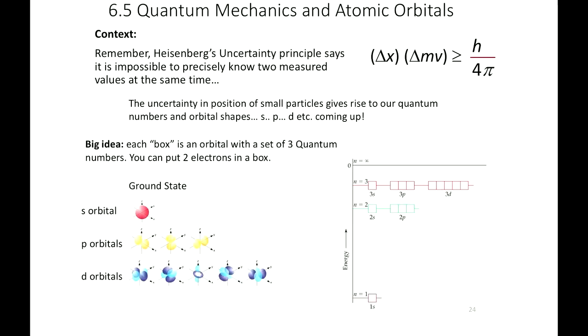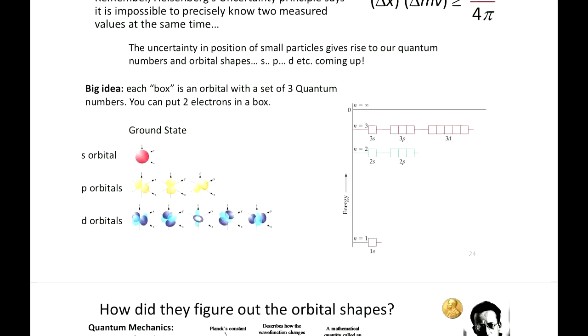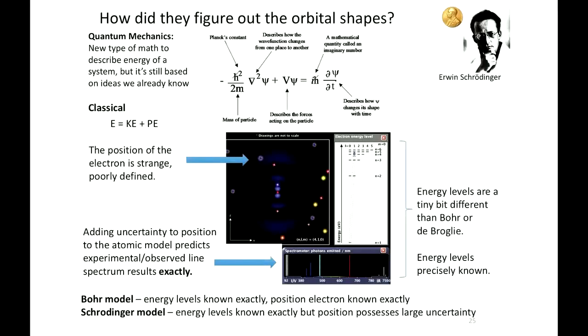All right, and so I'll show you the historical steps that we got from Heisenberg's uncertainty principle to our orbital shapes, and it requires a new type of mathematics to do that, which is called quantum mechanics.